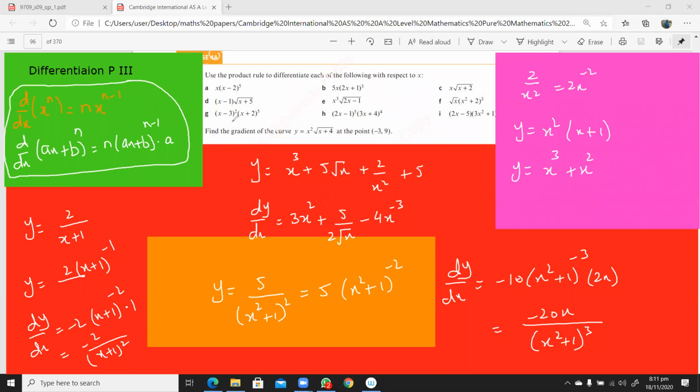But if you look at these questions over here, with the maths we have learned so far we cannot expand these expressions. So we have to learn a technique where we can differentiate without expanding. For that purpose, you will have to wait.